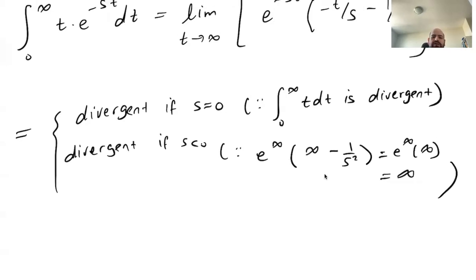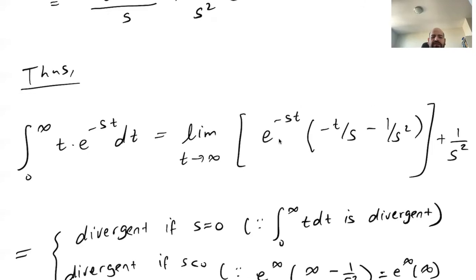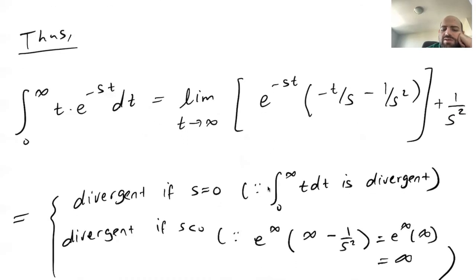So let me explain one more time how I calculated this limit if s is less than 0. If s is less than 0, e to power minus s will be positive, so this term will be e to power infinity, which is what I wrote here. What about the term inside the bracket? If s is less than 0, minus s will be positive, so minus 1 over s will be positive times t goes to infinity. A positive number times infinity will be infinity. So that's why I wrote infinity here. Minus 1 over s squared, I wrote again because it does not depend on t.